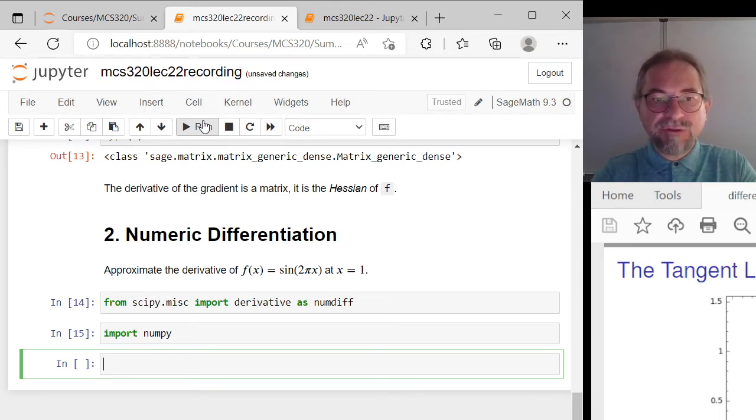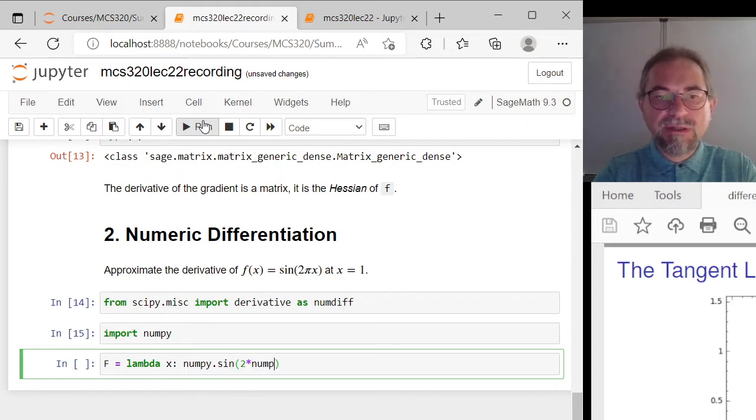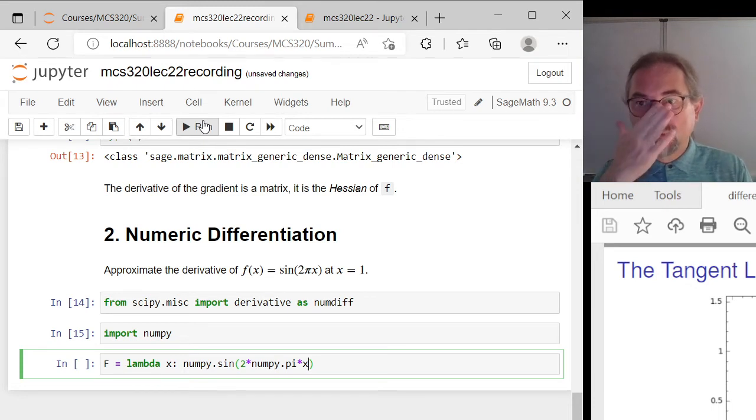So my function that I will differentiate, I will define it as a Python function. It will apply the sine function of NumPy and also the NumPy pi. So this has to be an entirely numerical function, otherwise I will again end up with a symbolic result.